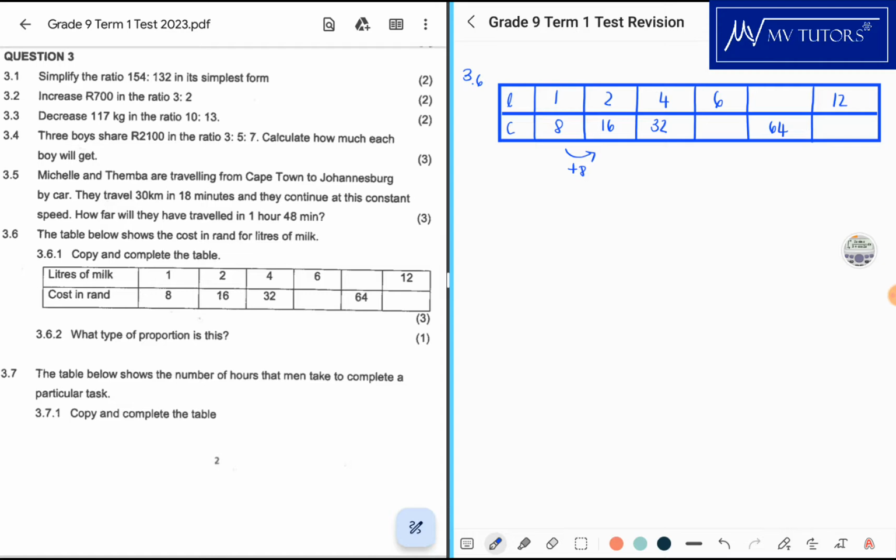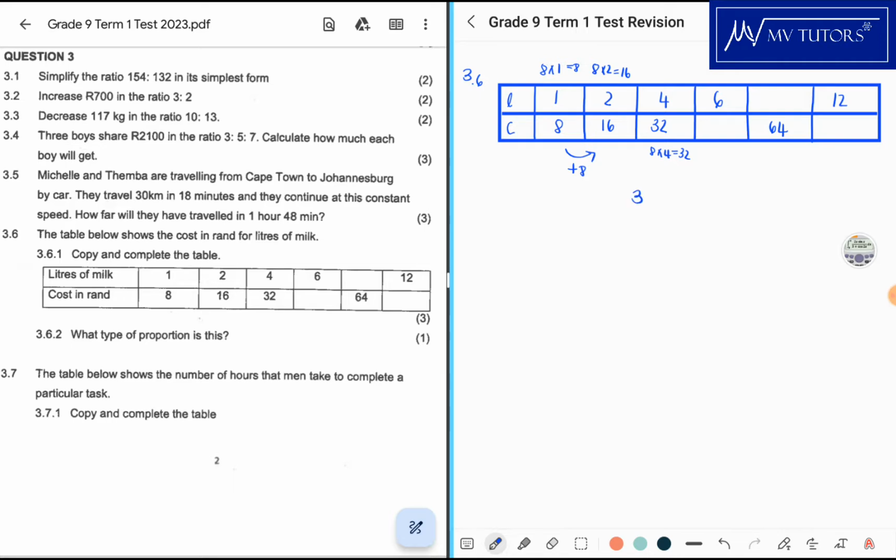I don't know if you see the trend here, but if I say 8 times 1, I get 8. 8 times 2, I get 16. And if I say 8 times 4, I actually get 32. So I believe that this trend, I need to add 8 all the time.